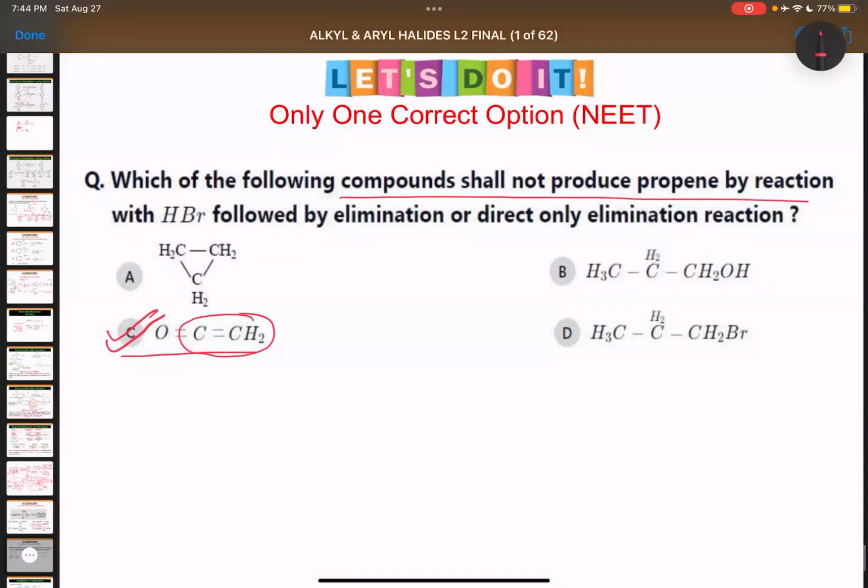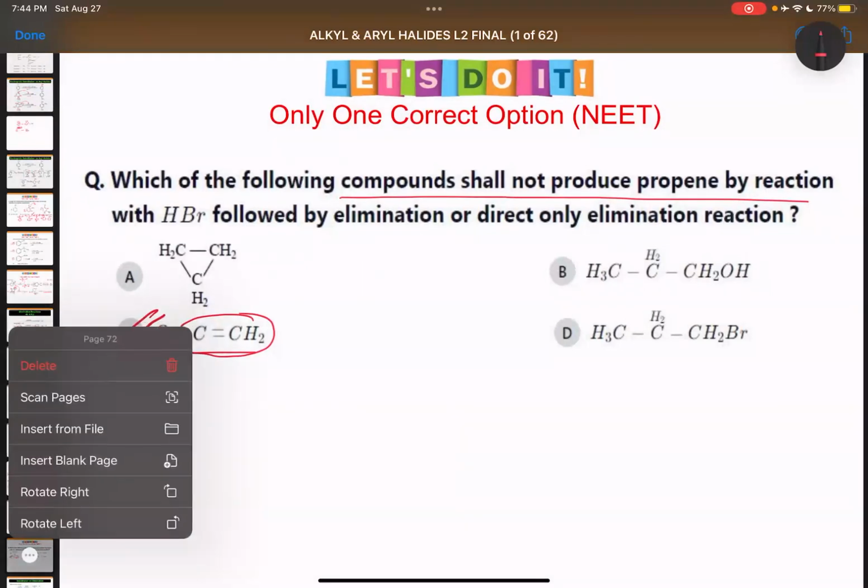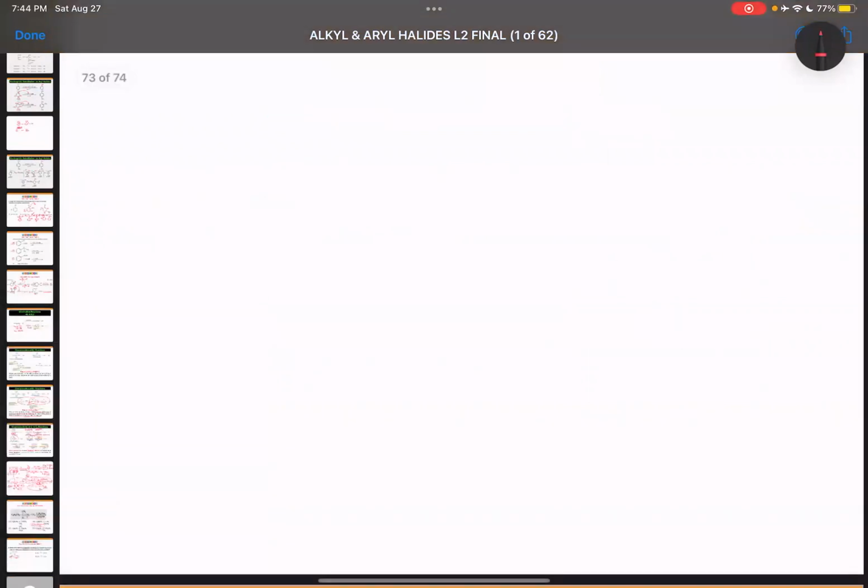Okay, so let's discuss one more thing, and that is substitution and elimination. How will you make out whether substitution is going to happen or elimination is going to happen? You need to choose.